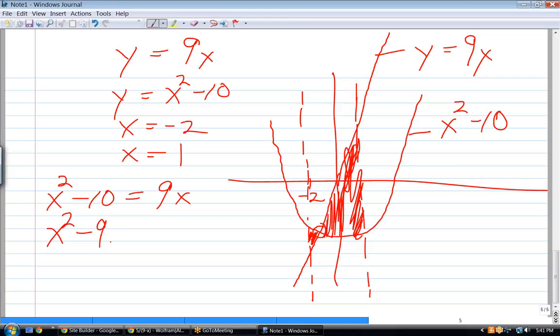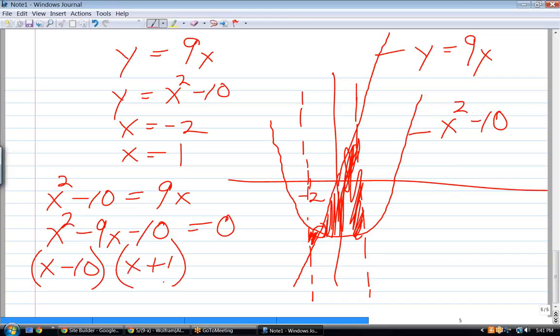Take the square root. No, treat it as a quadratic. Factor. We have x minus 10, x plus 1.